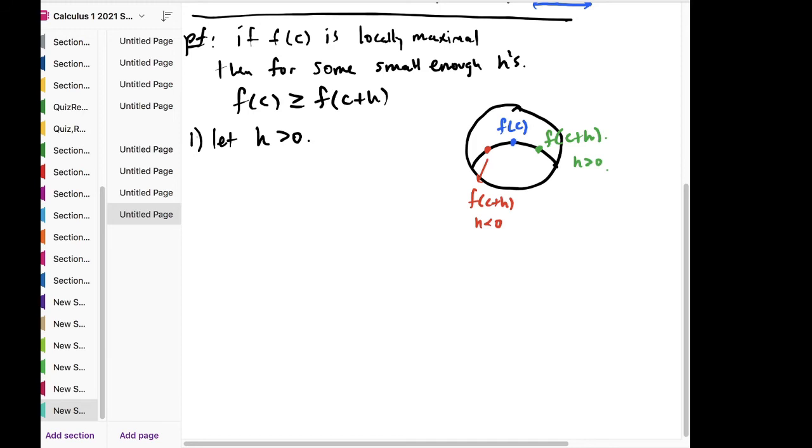So this is very close to that, right? What if I subtract f of c on both sides? Now this looks eerily like the derivative. But what's missing? What's something else I can do to make this look like the derivative?